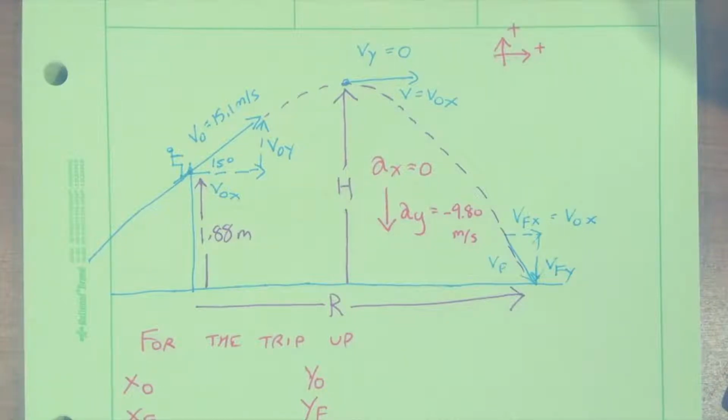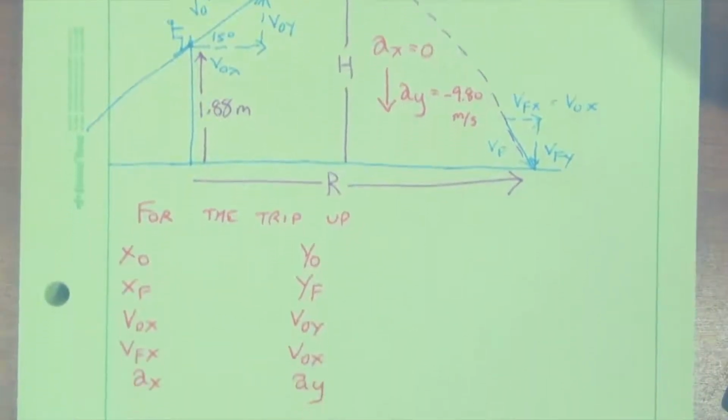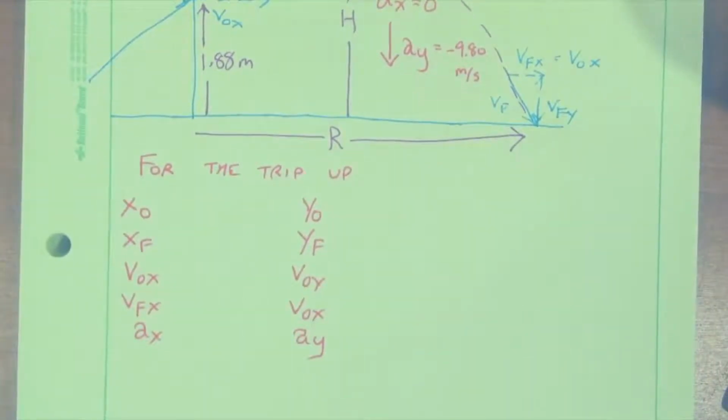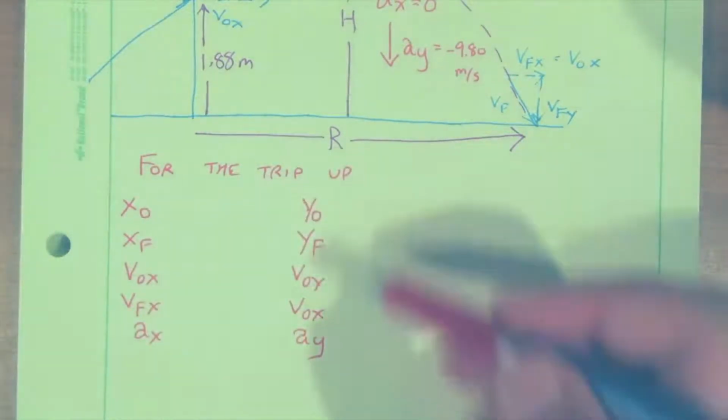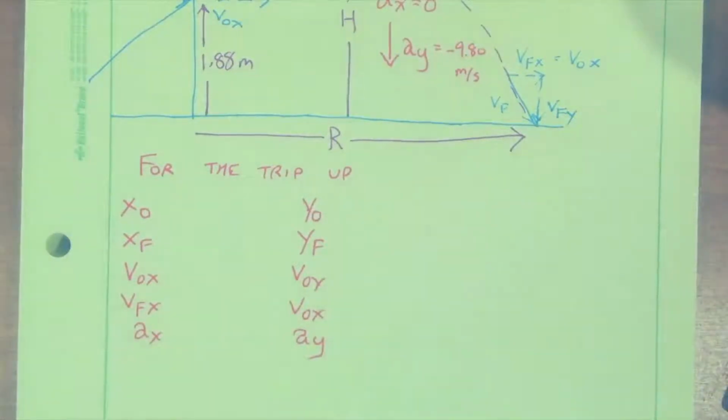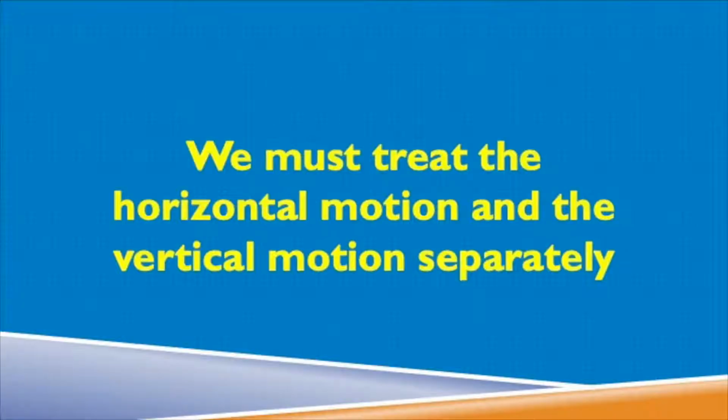Remember, when dealing with these kinds of projectile problems, when it comes time to write out our data, we focus on two sets of data. One set of data for the horizontal motion, one set of data for the vertical motion. We must separate those two kinds of motion.